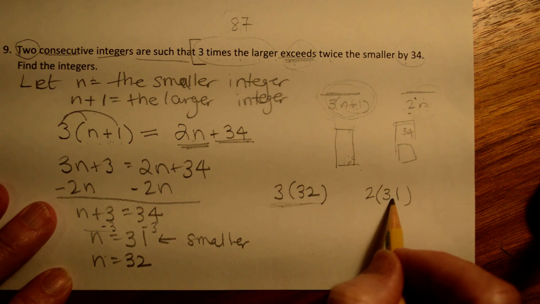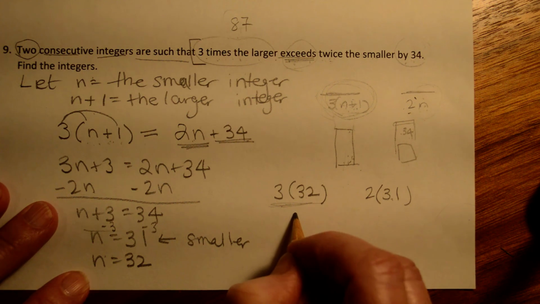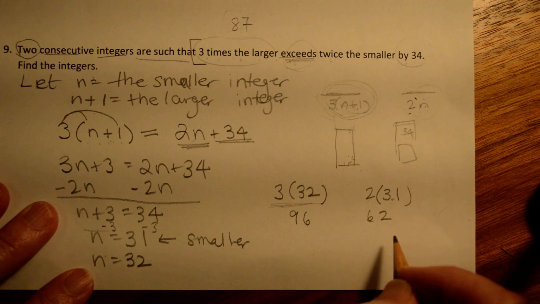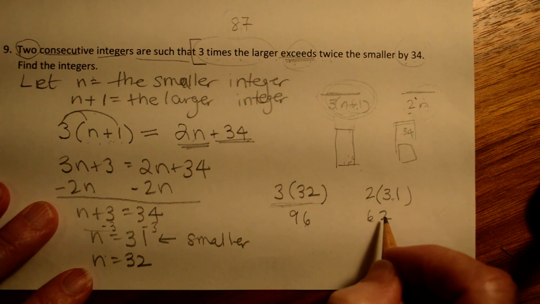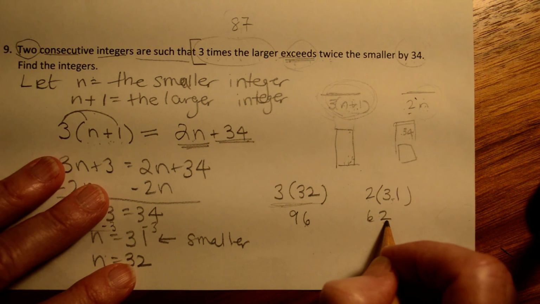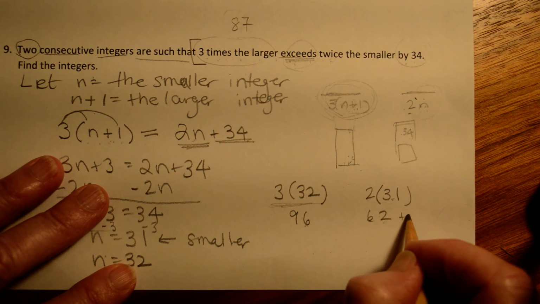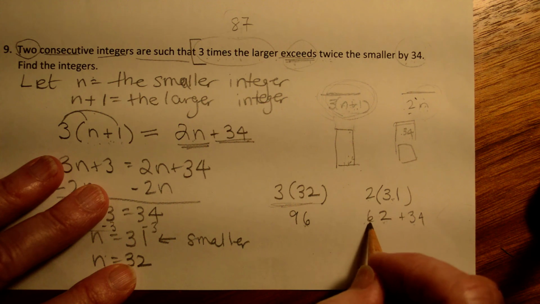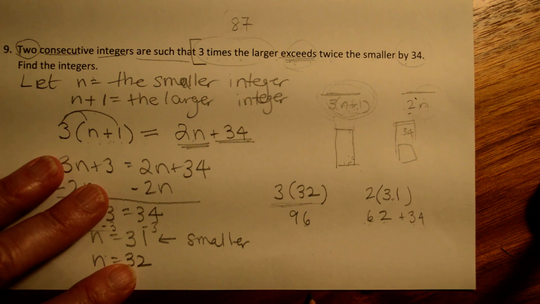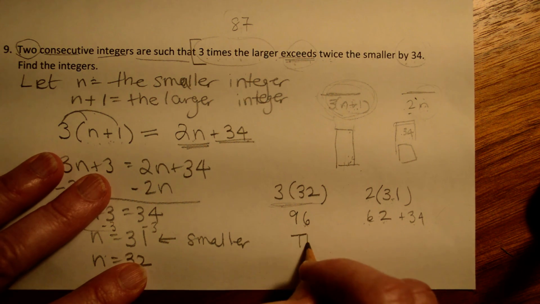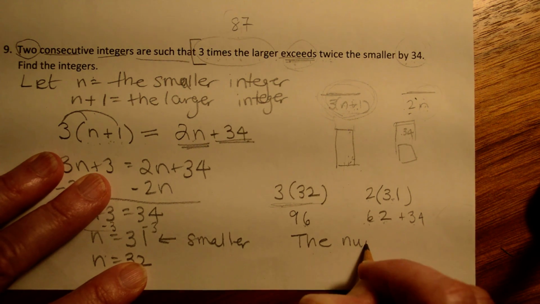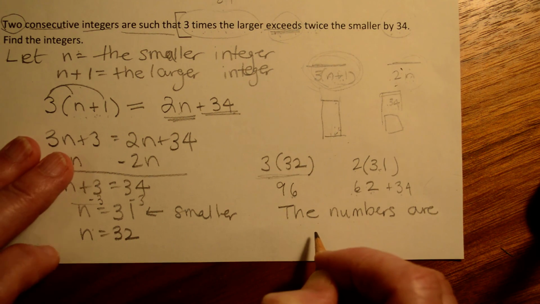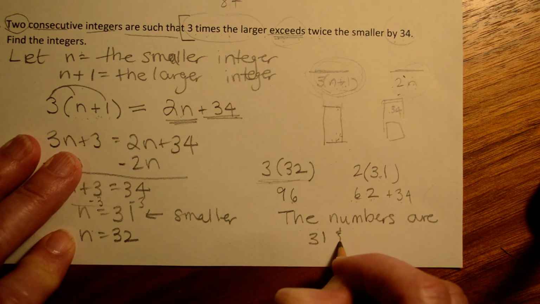Is this 34 bigger than this? So let's see, this would end up being 96, and this ends up being 62. Is this bigger than this by 34? So if we add 34 onto this, do we get 96? And the answer is yes, 62 plus 34 equals 96. All right, so the two integers are 31 and 32.